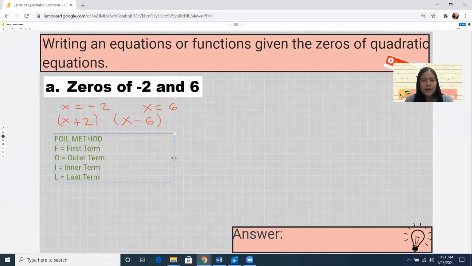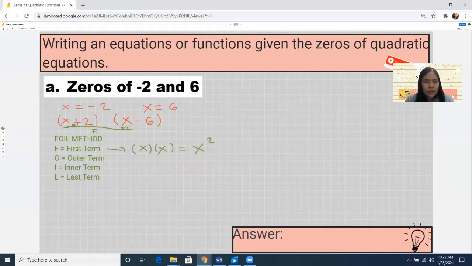How are we going to use that? Very easy and simple. We look for the first terms. The two first terms here are x times x, which simplifies to x squared.